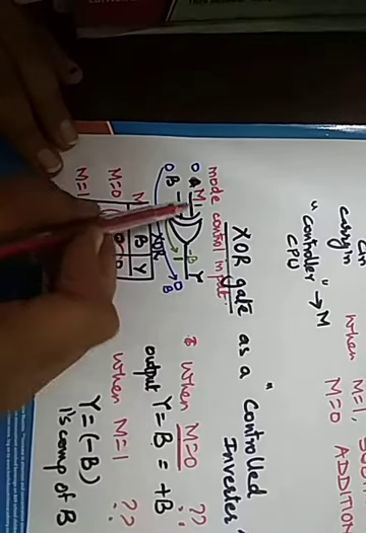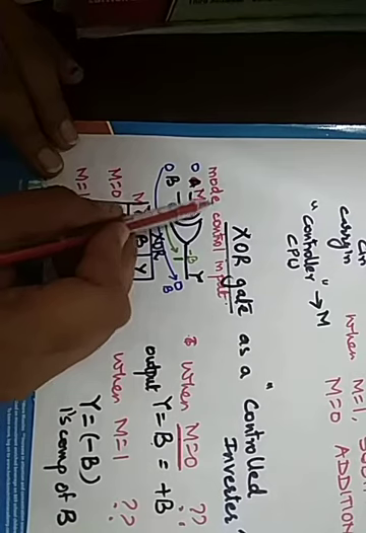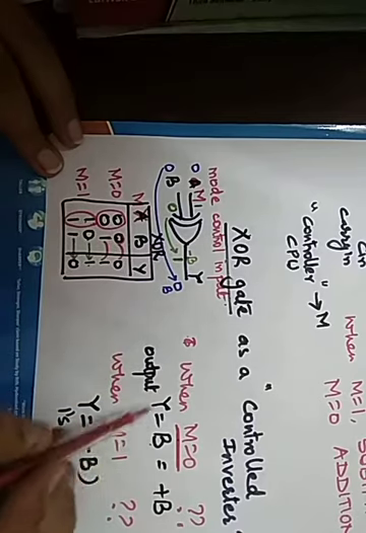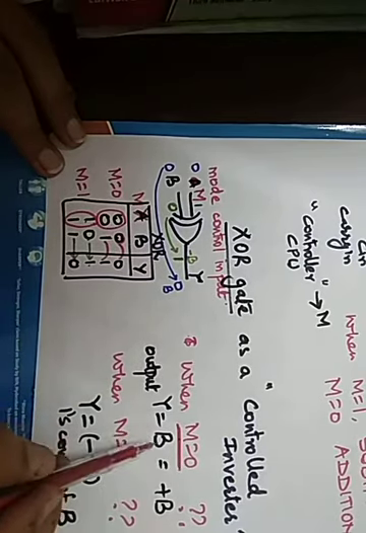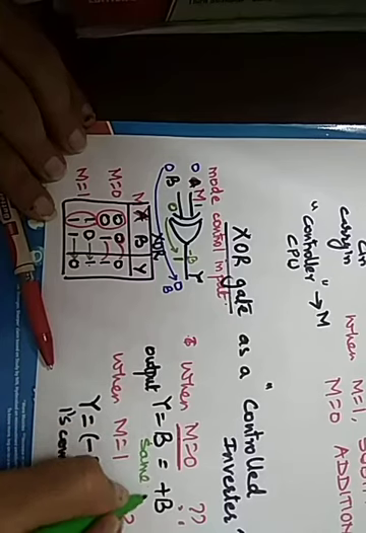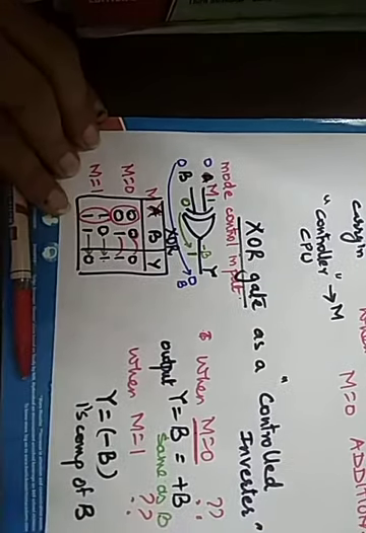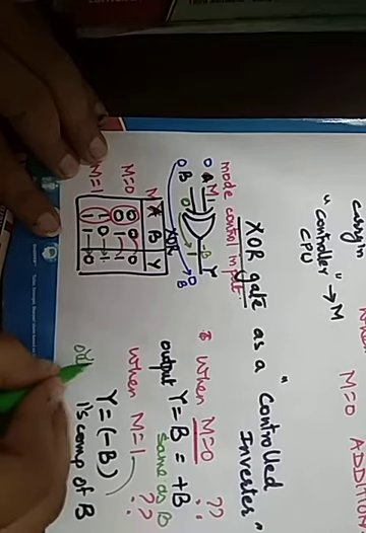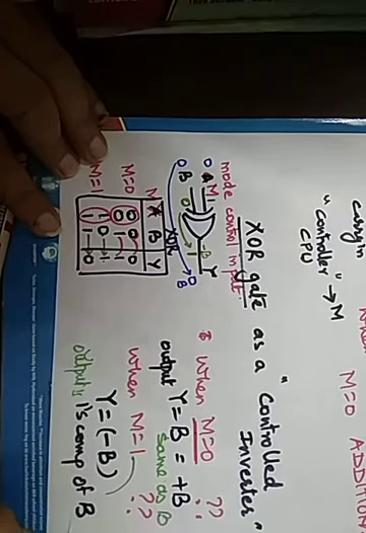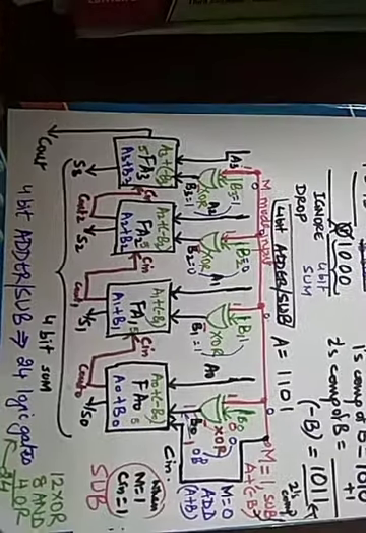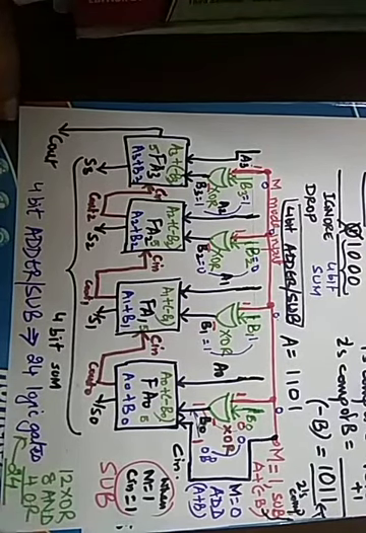Controlled meaning that if one of the inputs is considered as a control input M, then the behavior of the XOR gate is analyzed: when M is 0, the output gives plus B, the same as B. And when the mode is 1, M is 1, the output Y is the 1's complement of B, so that is minus B. If we remember the function of the XOR gate as a controlled inverter, then this is how the circuit modifies.